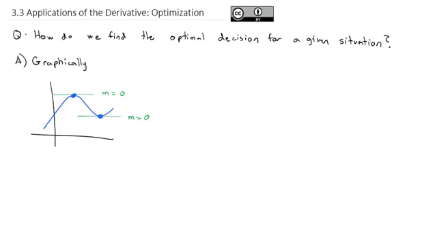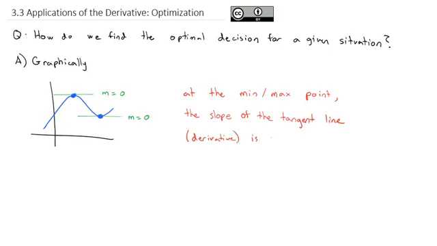Let's actually notate that. At the min-max point, the slope of the tangent line, also known as the derivative, is 0.